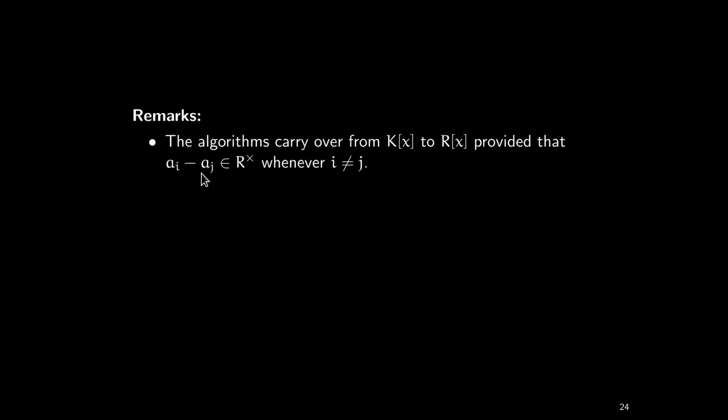So if the pairwise differences of the evaluation points are invertible in the ring, then that's enough. Then you can use the ring as well. And actually, this generalizes the condition that we already had for K. In K, the only element that is not invertible is 0, and we assumed there that the a's are pairwise distinct. This is a generalization, or a relaxed version, of this natural condition.